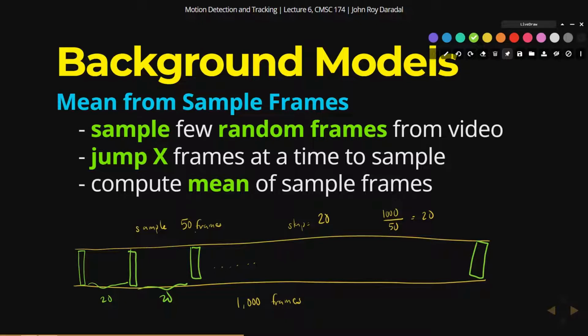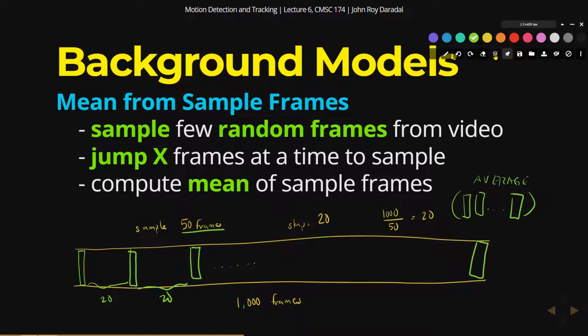So you get 50 frames that way. And then from those 50 frames, you compute their average. So you get the mean of the sample frames.